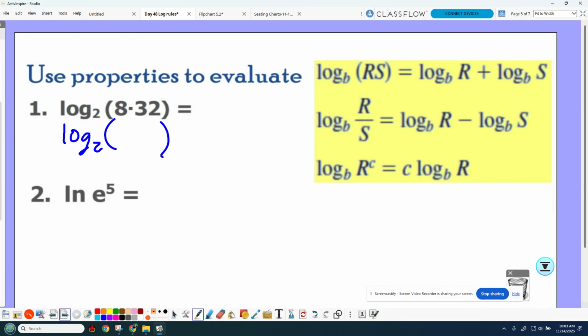Base 2. So do you know what 8 is 2 to the power of what? 3. We've done this a couple times today. Allie, what's 32? 2 to the what? 5. Good. And Bailey, exponents. What's 2 to the 3rd times 2 to the 5th?